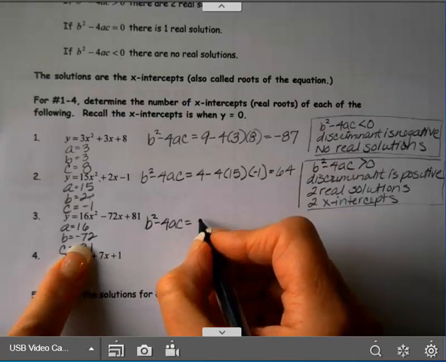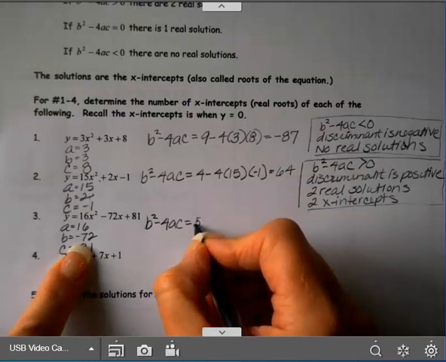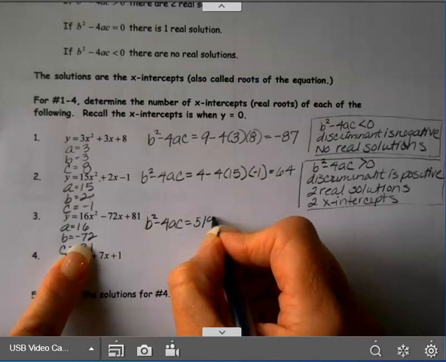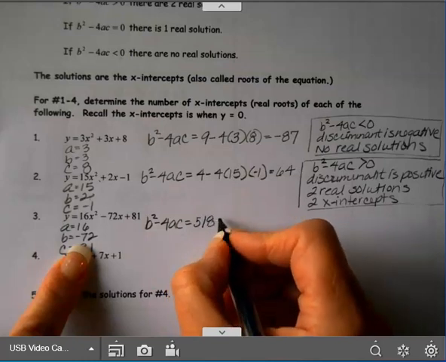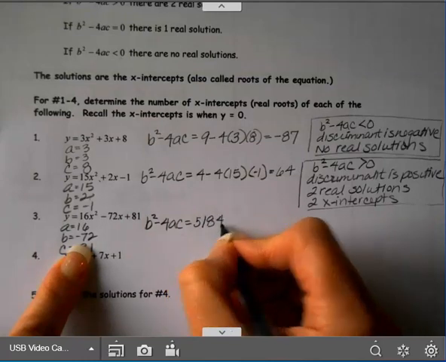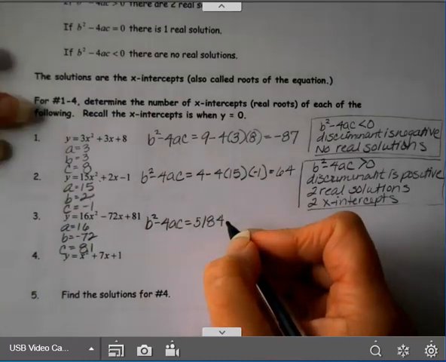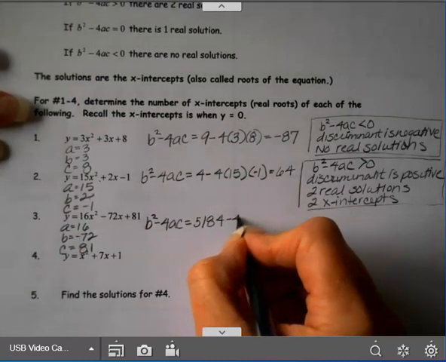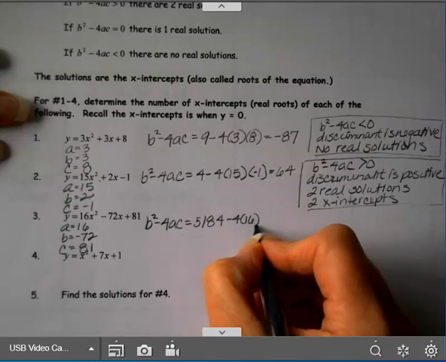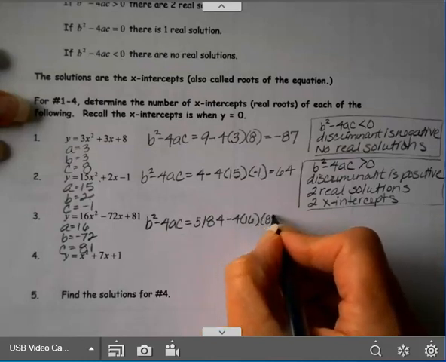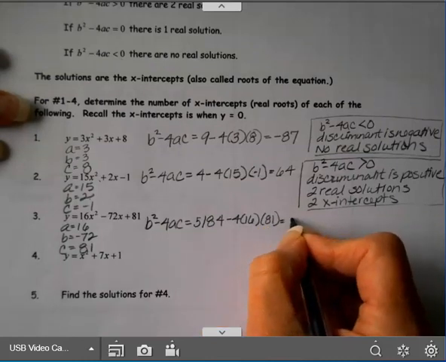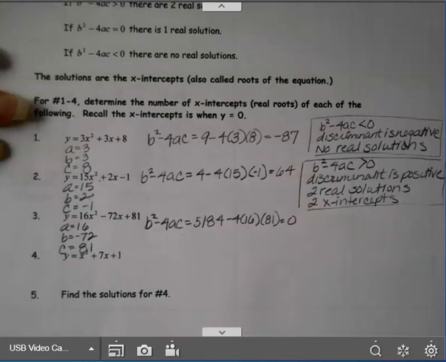When you square negative, you get a positive value. So remember, b squared is always positive. And negative 72 times negative 72 is 5,184 minus 4 times a, which is 16, times c, which is 81. And this time I get 0 when I type that in my calculator.